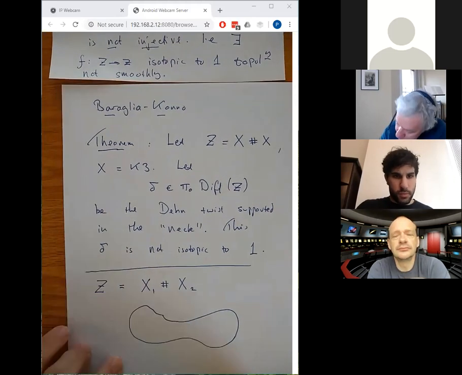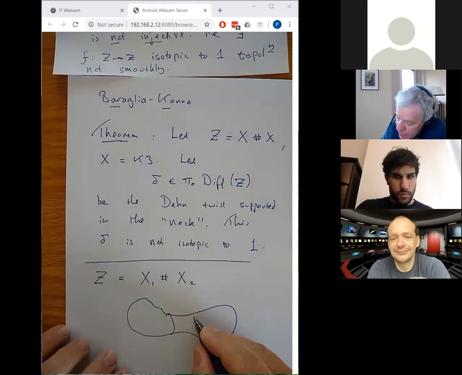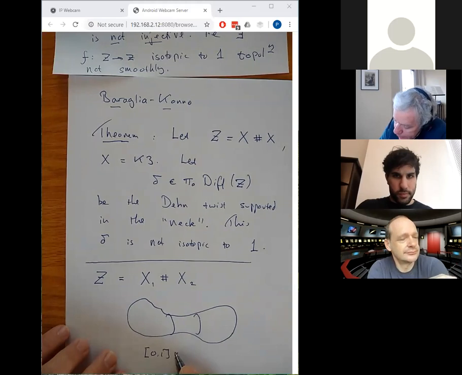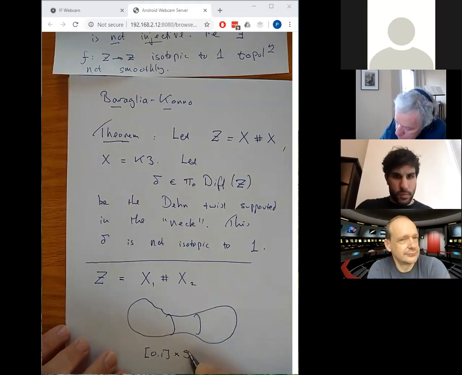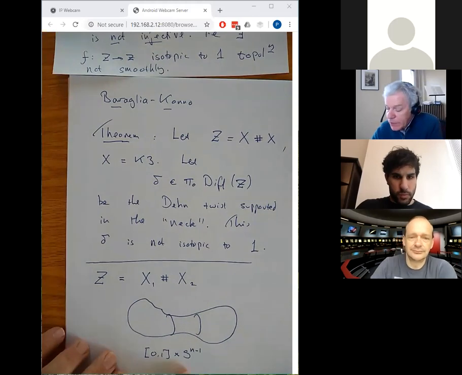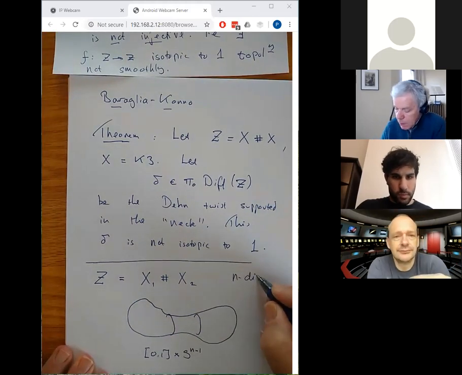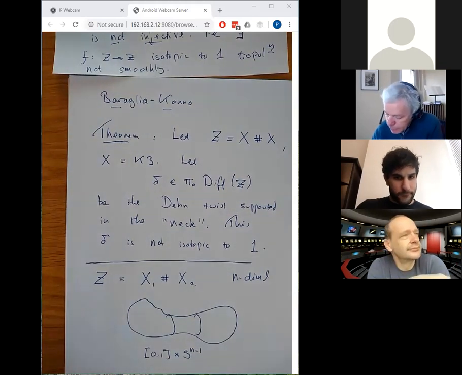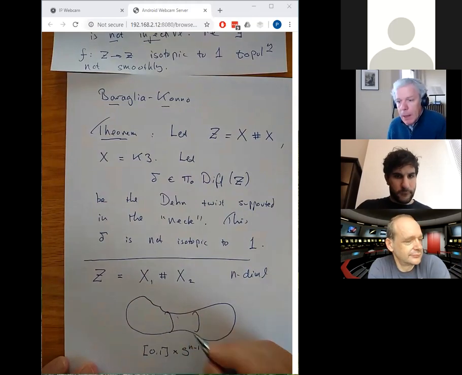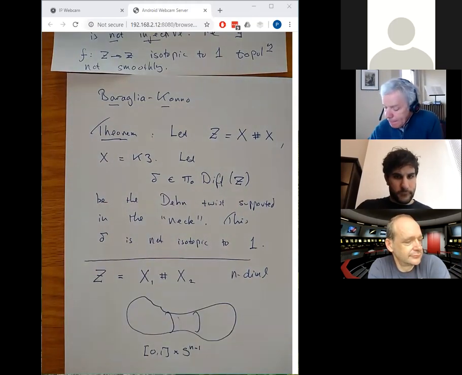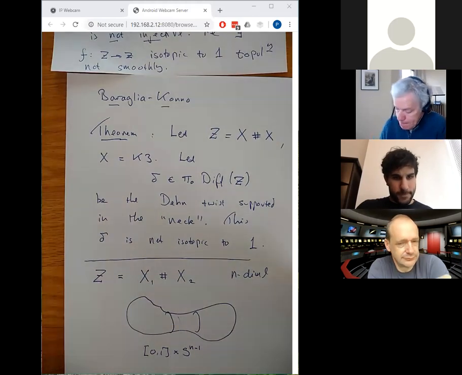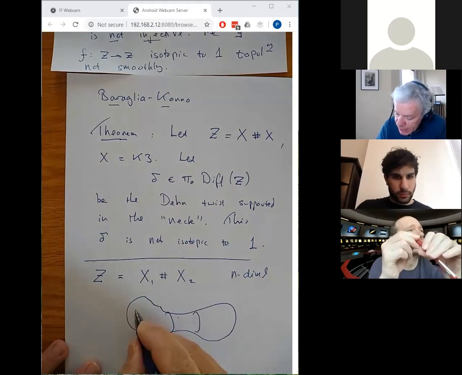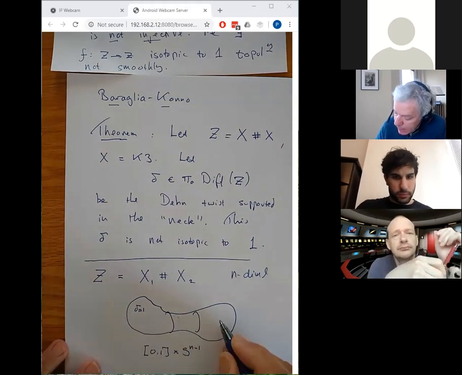So here's my connect sum, and being a connect sum, it contains inside the middle where the connect sum is made a cylindrical piece. If this is an n-dimensional manifold, 0, 1 times the n-1 sphere sits there as a neck in the middle. The Dehn twist is a self-diffeomorphism of this connected sum, which is the identity outside the neck.